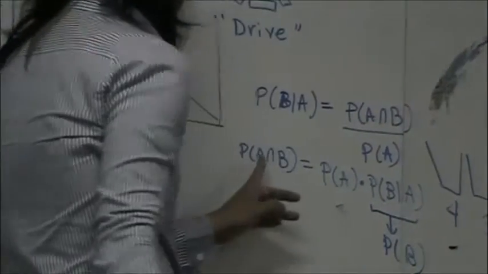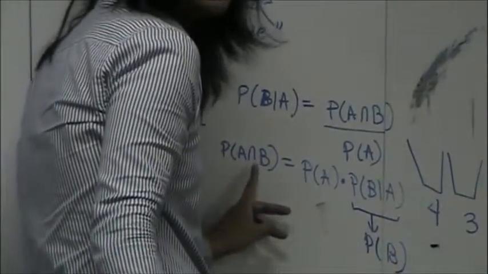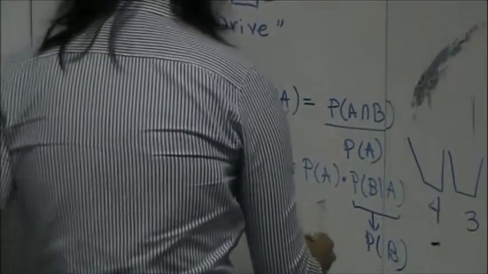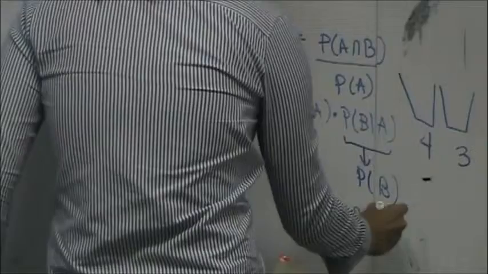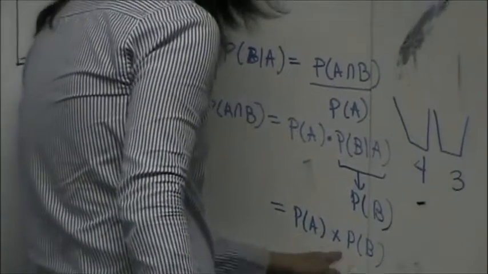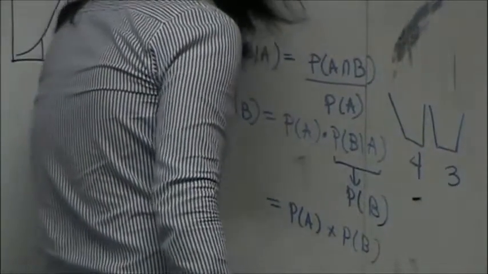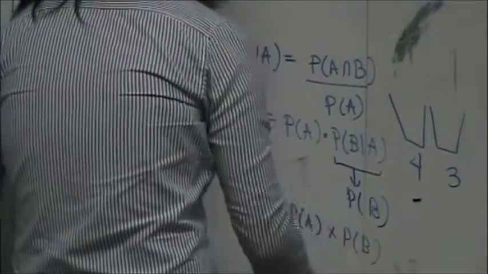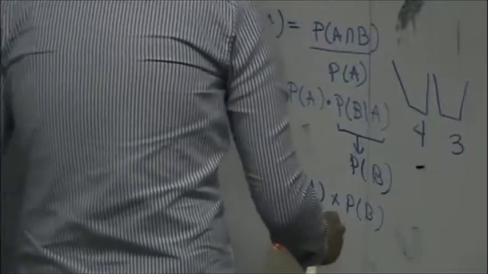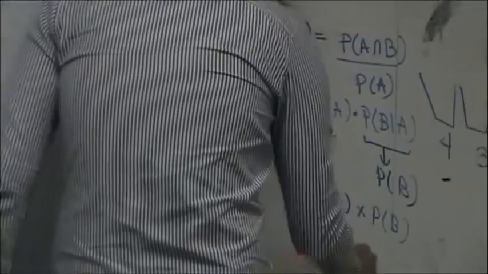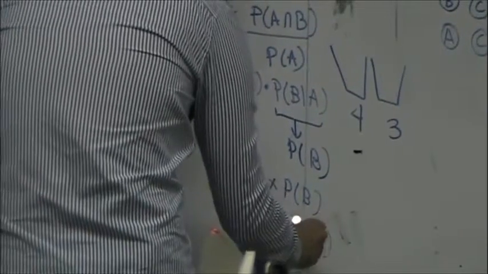So you can see that the probability of the intersection is just multiplying the probability PA times PB. But what is PA times PB? It's the number of events of A over the total number of events, times the number of events of B over the total number of events. Right?